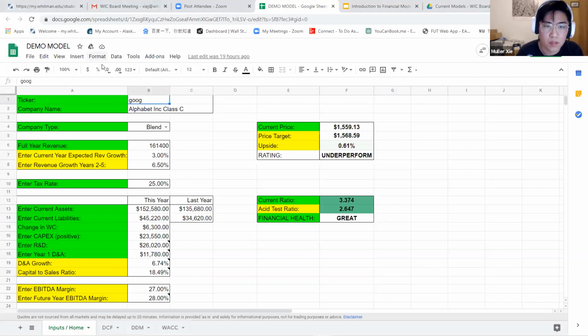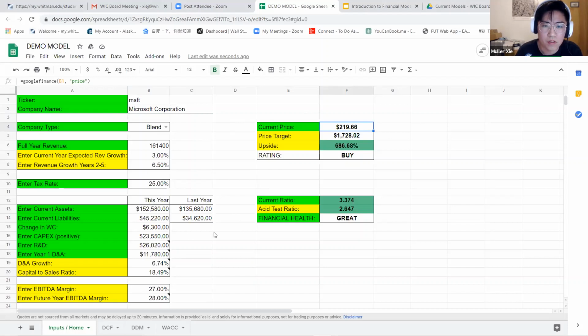For the model, first you type the ticker of Microsoft, which is MSFT, and then it will show you the whole company name and its current price. After doing that, we can start our analysis.